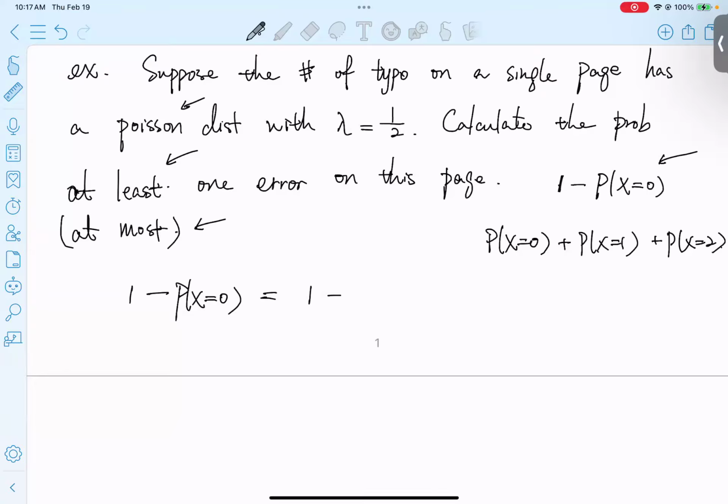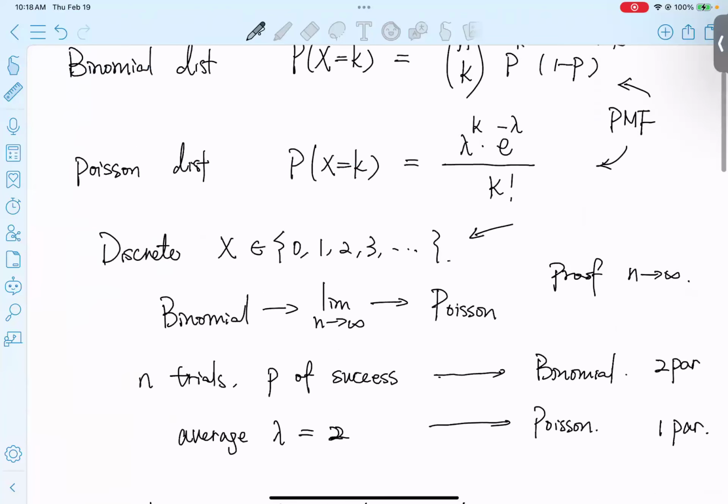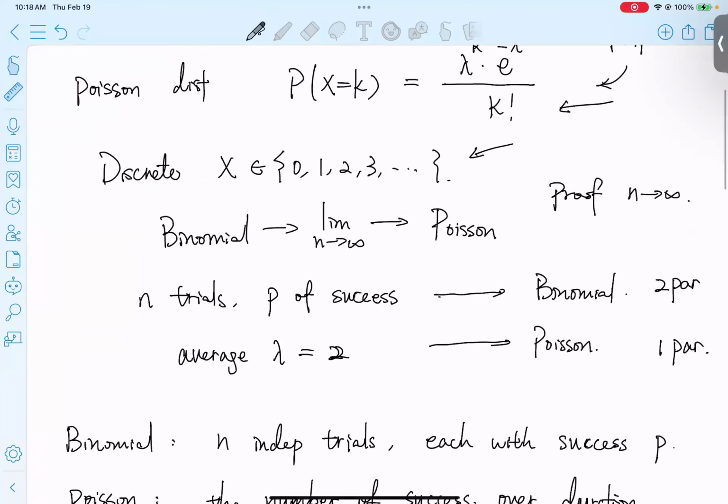The probability of a discrete distribution is just the output from the probability mass function. So in this case, the probability of zero errors is just the probability for this one. You want to use this formulation and plug in k equal to 0.